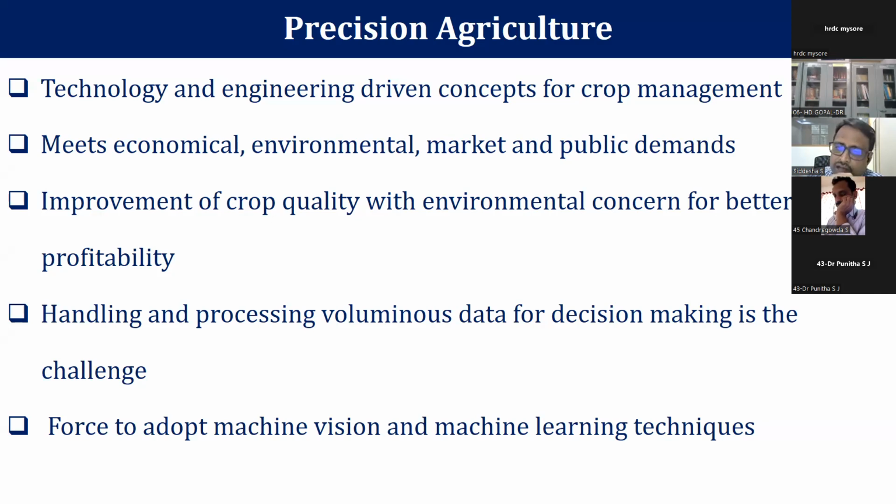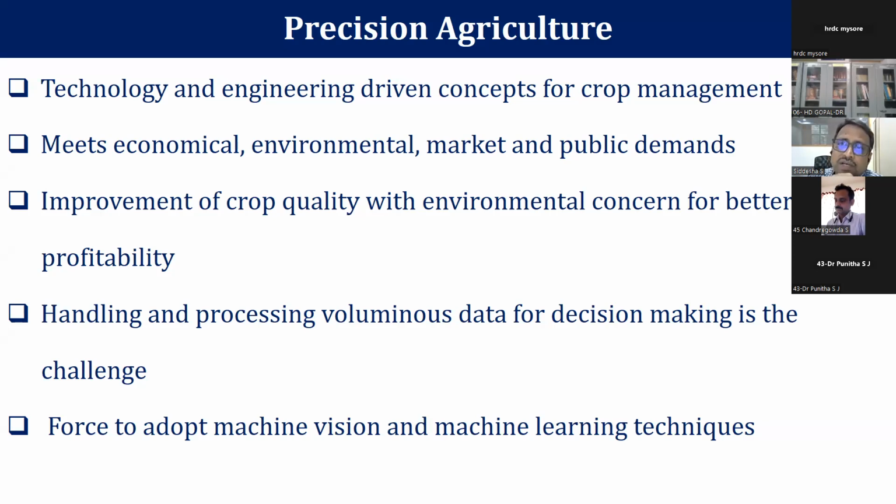And with all these things, we need to collect a lot of data. So the computer comes into the picture when we are handling and processing data. Data in the sense, it is not simply in terms of KBs or megabytes. We have to handle gigabytes, zettabytes of data.